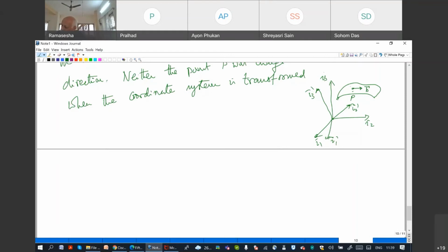So the point does not change, so the point at which you are differentiating is the same. So the differential should not change either, as long as the direction is also the same. So this implies that grad f is not dependent on the coordinate system.